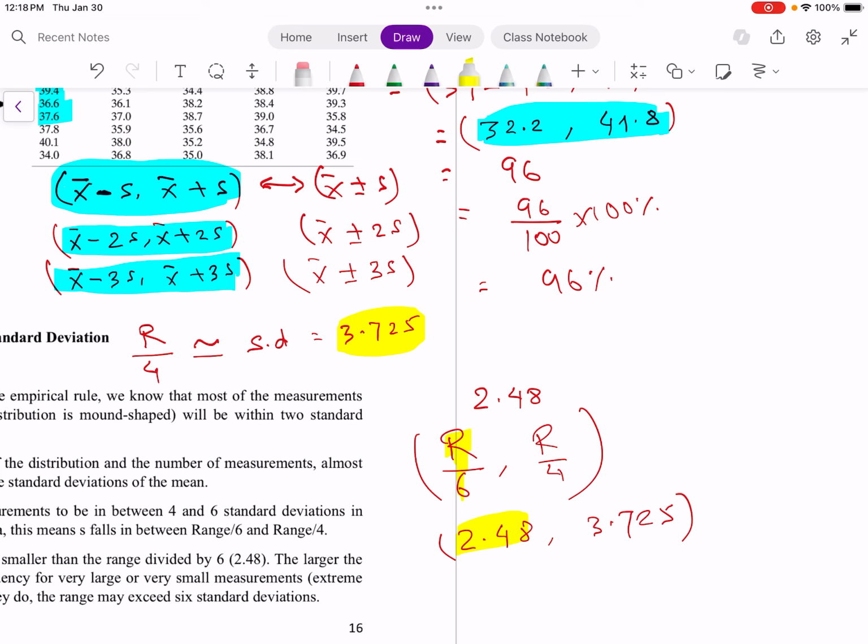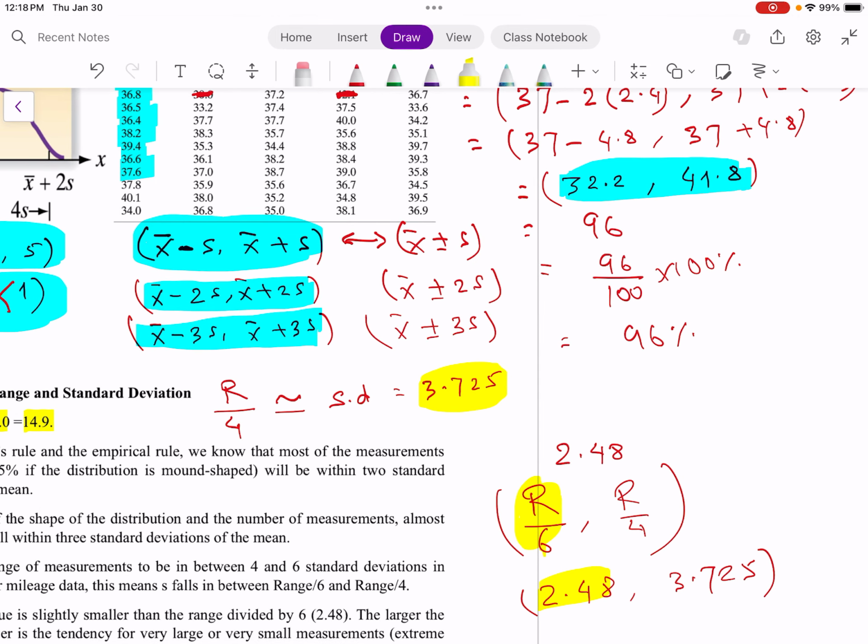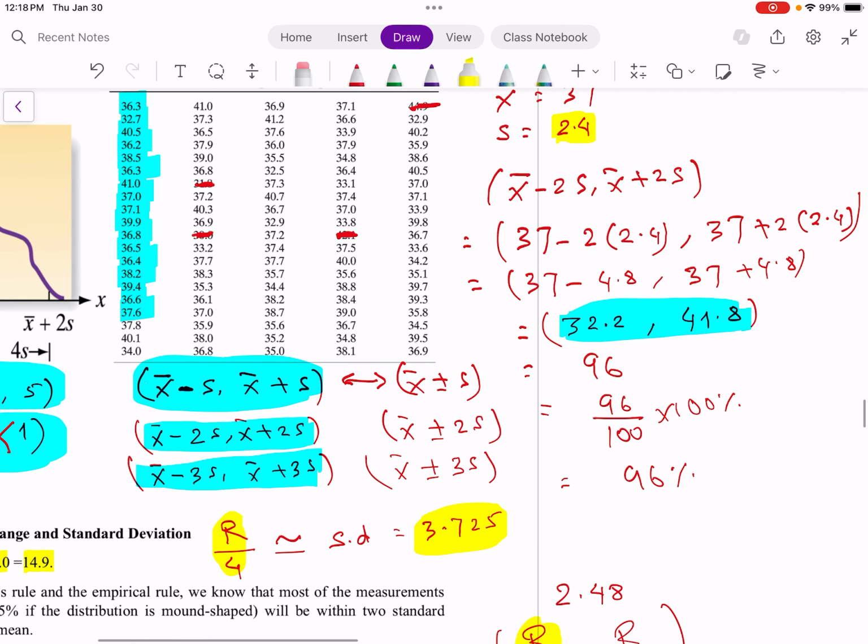For this data set, our standard deviation is very close to R over 6. But if you want a general rule to approximate the standard deviation, you divide the range by 4. Once you have the range divided by 4, you get a number, and in general this number is close to the standard deviation. You can use this number as the standard deviation for these 100 measurements.